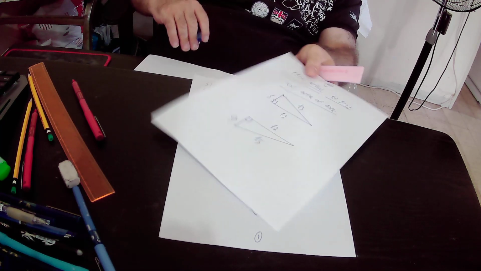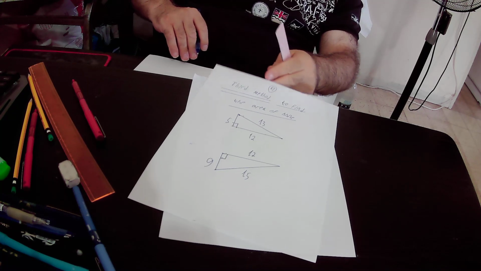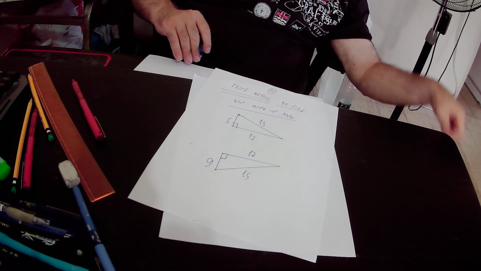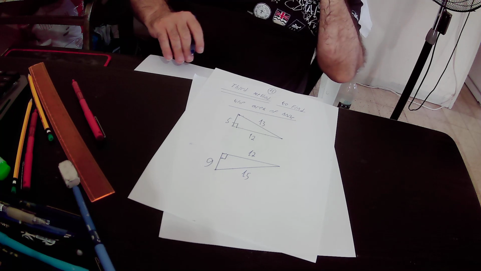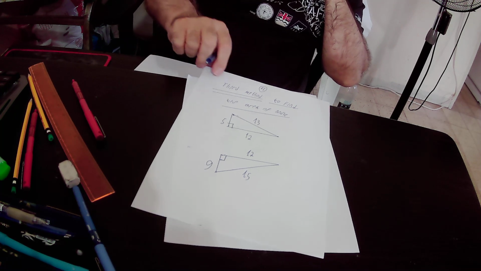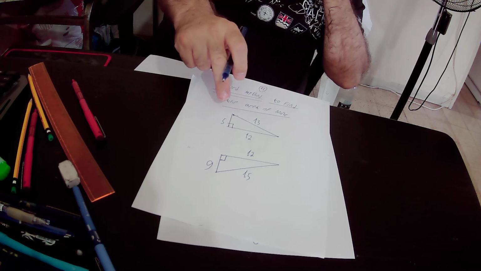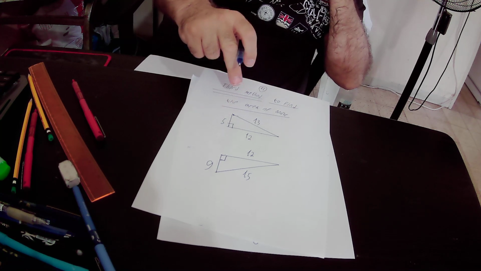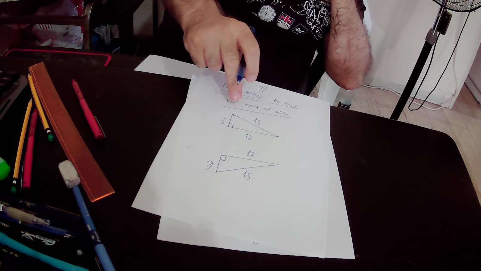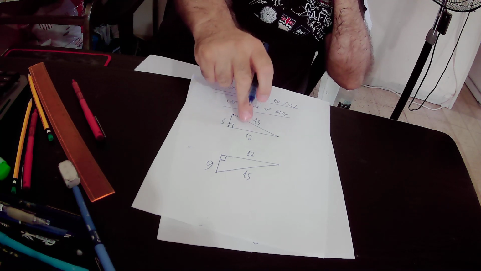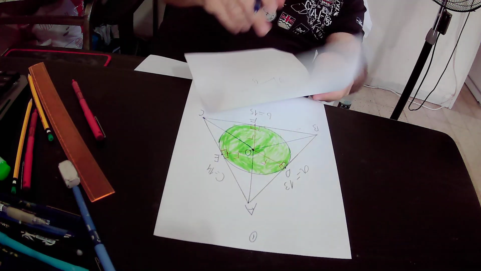So I divided triangle ABC into two right triangles. This triangle is a right triangle because it obeys the Pythagorean theorem, which states that the square of the hypotenuse equals the sum of the squares of the perpendiculars.